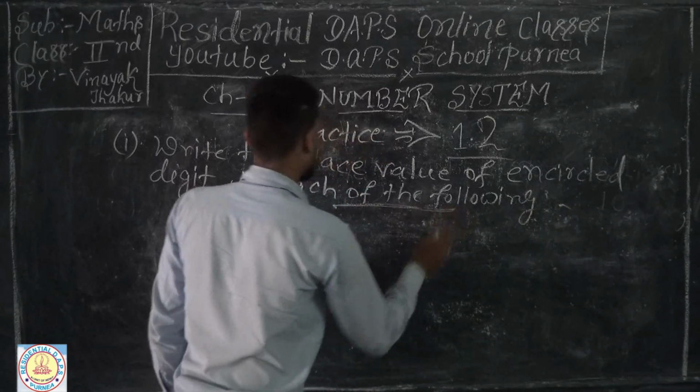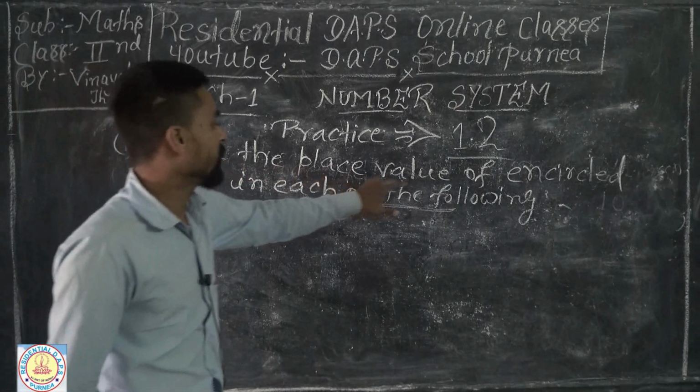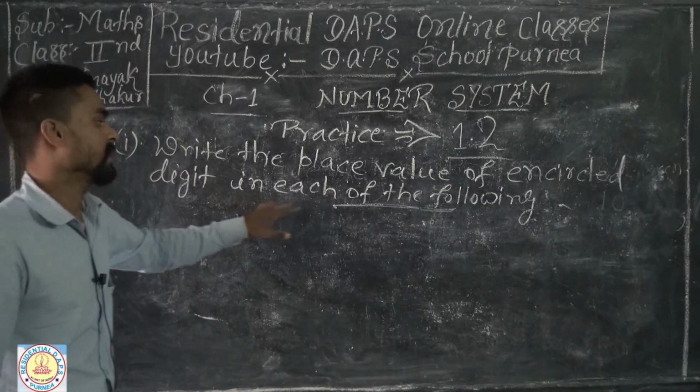So guys, in this question, your question tells us to write the place value of the encircled digit in each of the following.